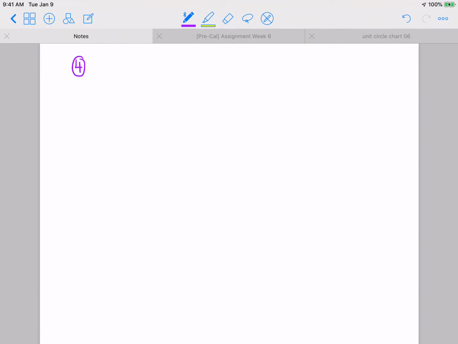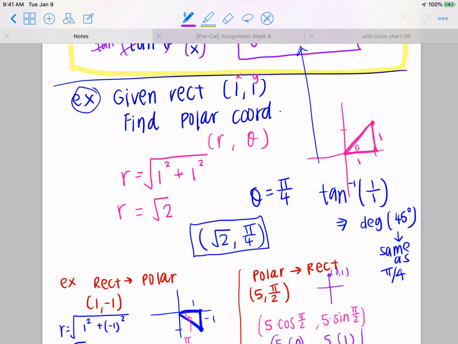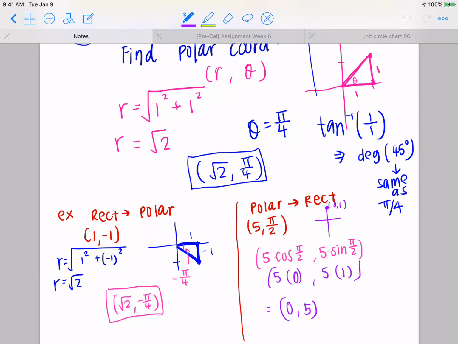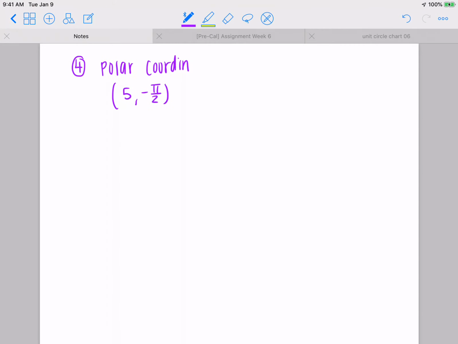So for number 4, your polar coordinates is 5 comma negative. Oh, did I just do that one? Let me see. Oh no, I did pi over 2. So if this one is negative pi over 2, we are still going to write our 5 cosine negative pi over 2. And the other one is 5 sine negative pi over 2.